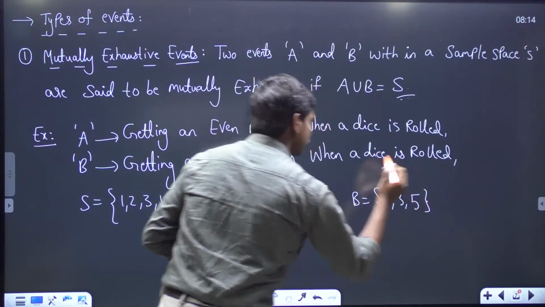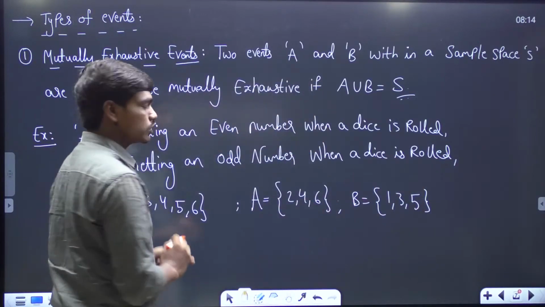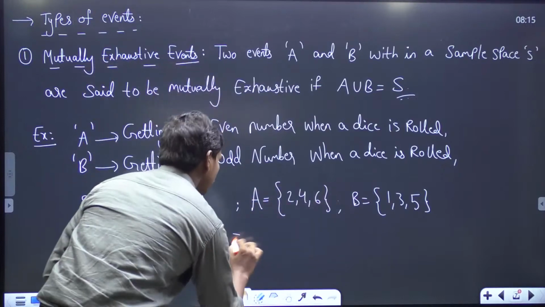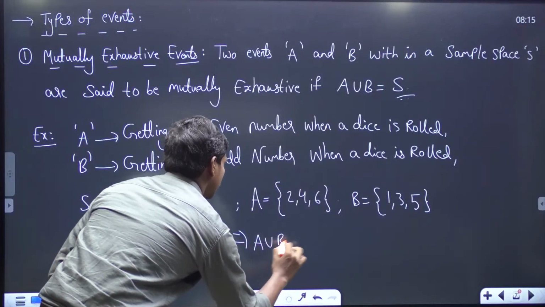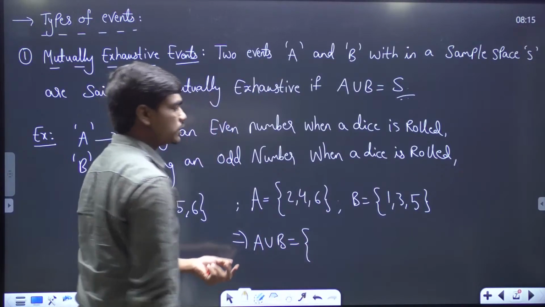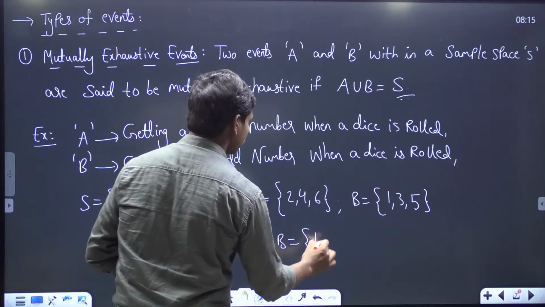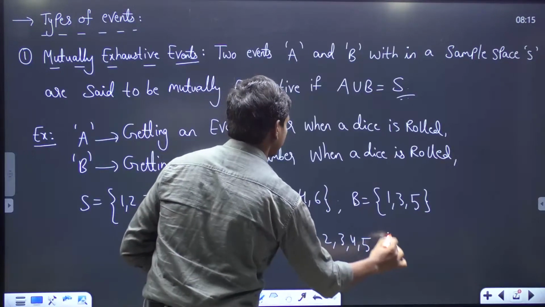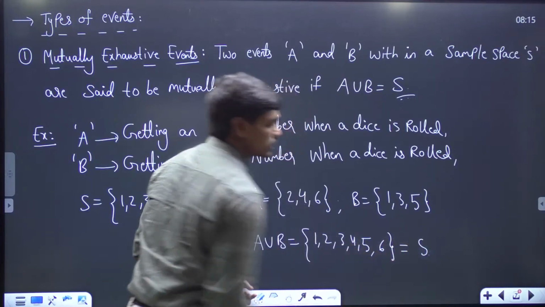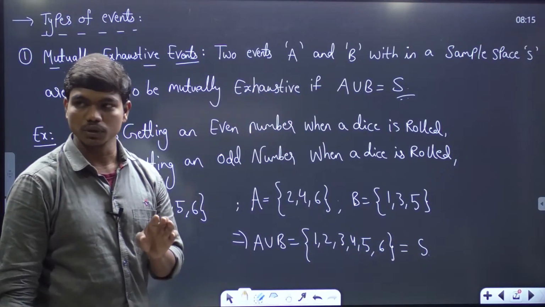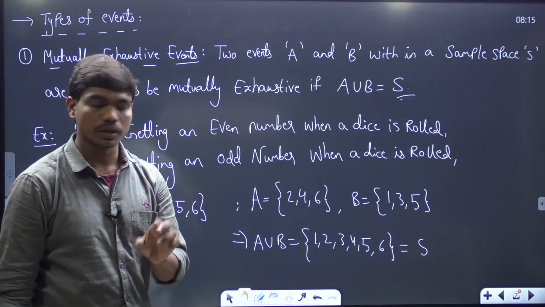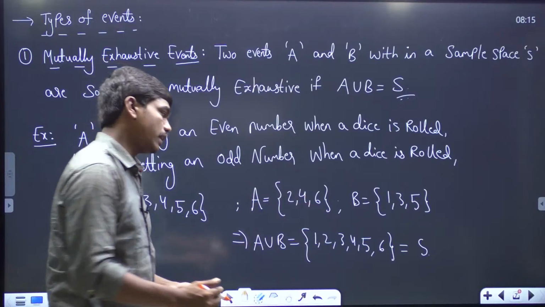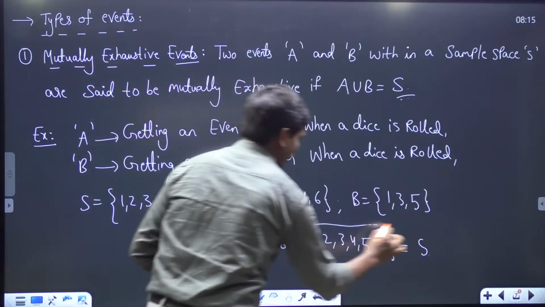This A and B are called mutually exhaustive, because if you write A union B, merging these two sets, how to write the union of two sets? It's just 7th or 8th class maths. You get 1, 2, 3, 4, 5, 6, which is nothing but the sample space. So you call two events mutually exhaustive when, if you combine them, you get the sample space.